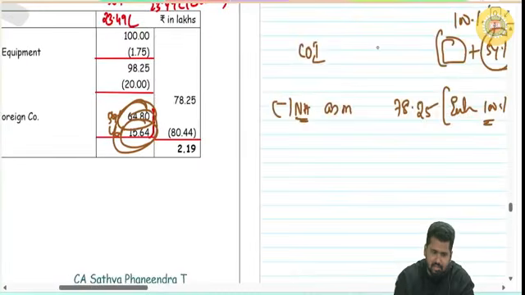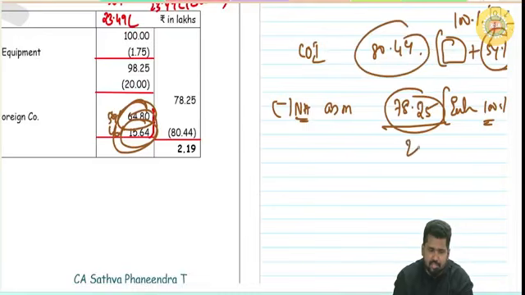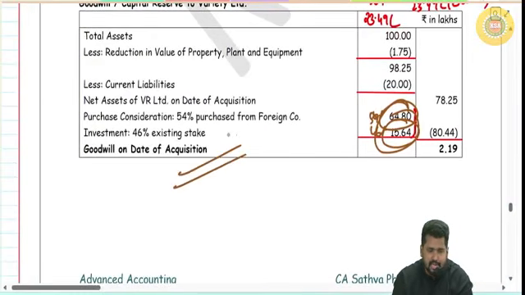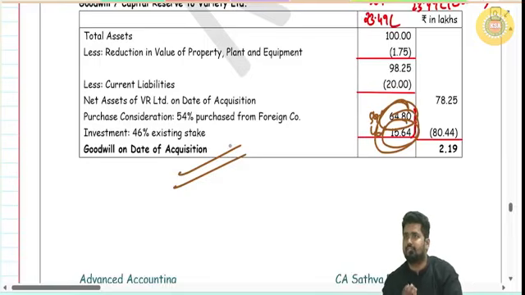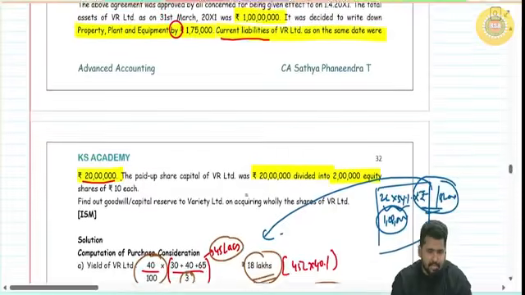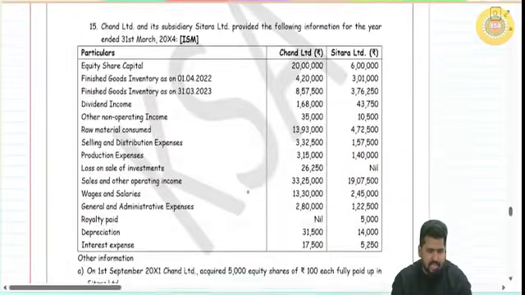Totally, how much is the cost of investment? 80.44. You are paying this much. Therefore, the goodwill is 2.19. Clear? For 46%, find how many shares you hold, multiply by that price, and you will get the value. Like that, if you do, you will get the answer for this.